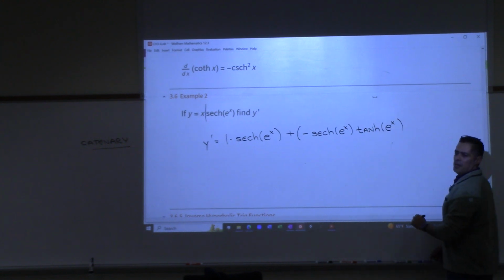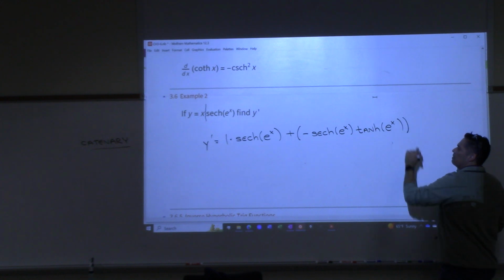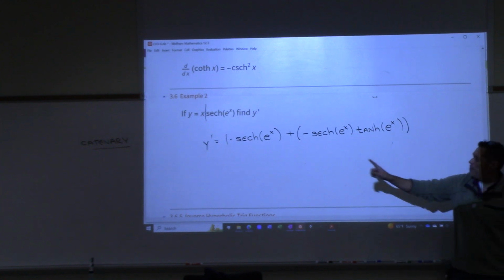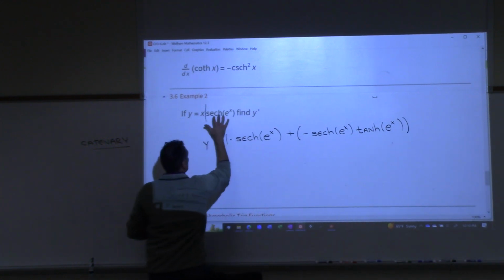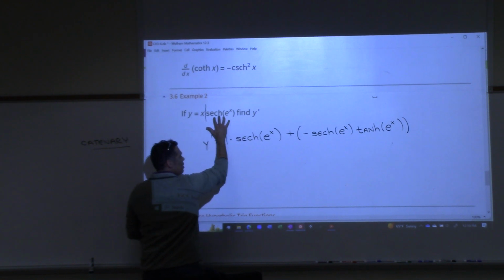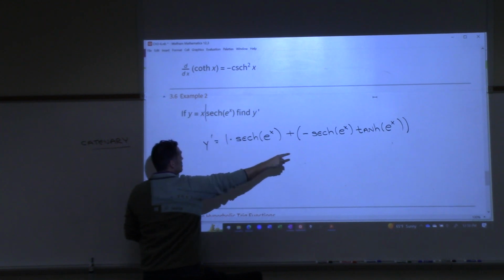That makes sense to everyone there? What I'm doing here is taking the derivative of this right here. I'm in the middle of a product rule, taking the derivative of this. I started with the outer function, which is the derivative of hyperbolic secant, which is that. But I still need what? The e to the x.